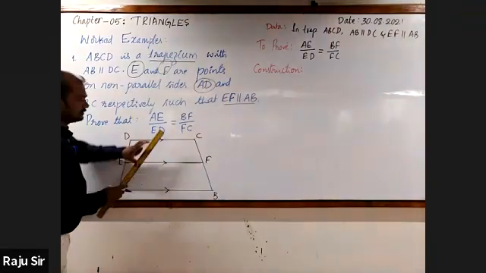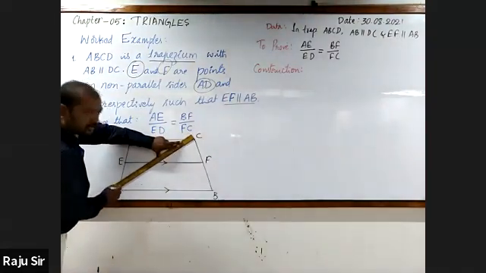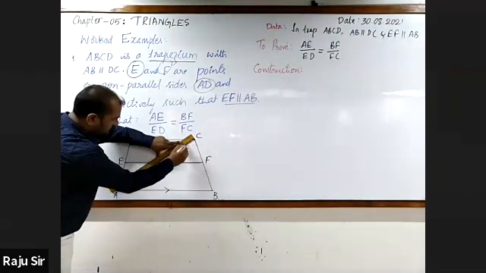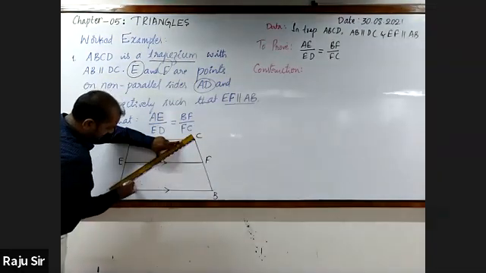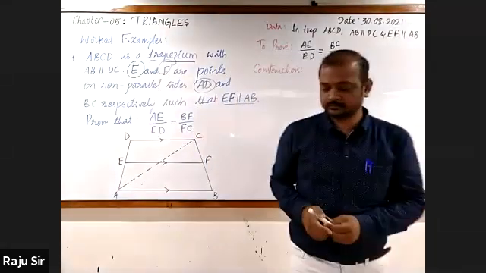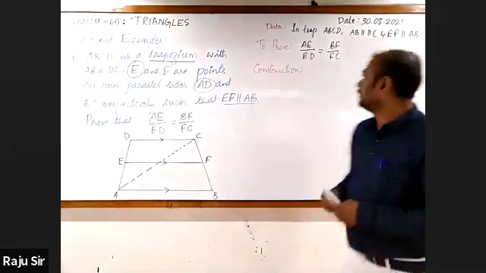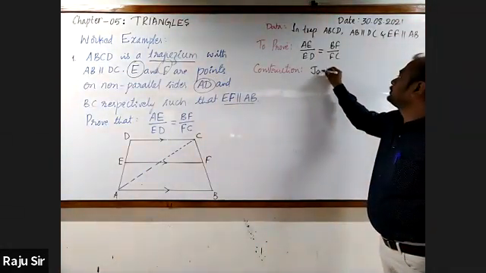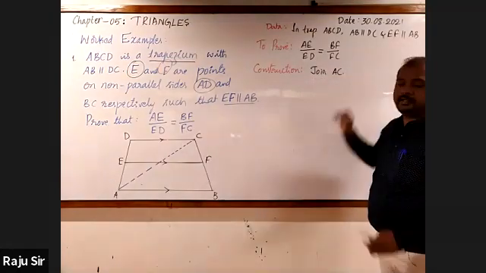Construction should always be shown with dotted lines. Join AC. Write the same here.